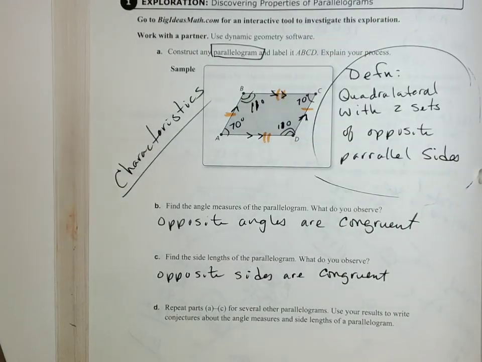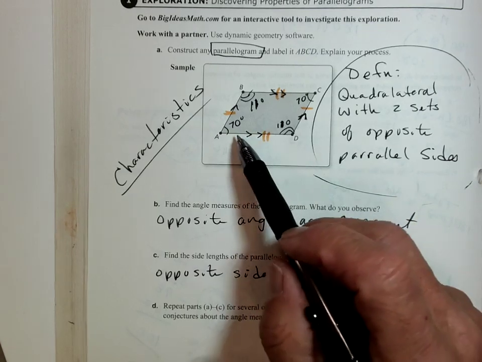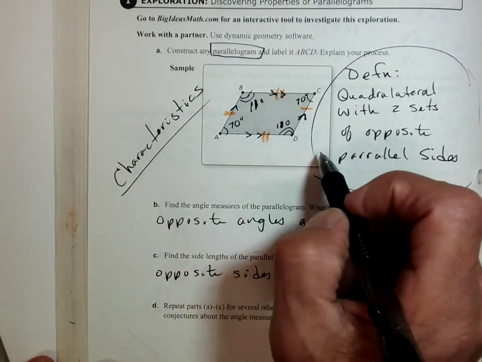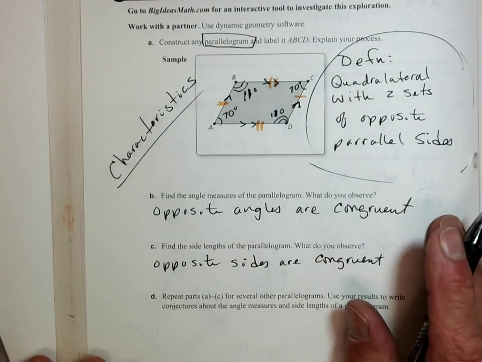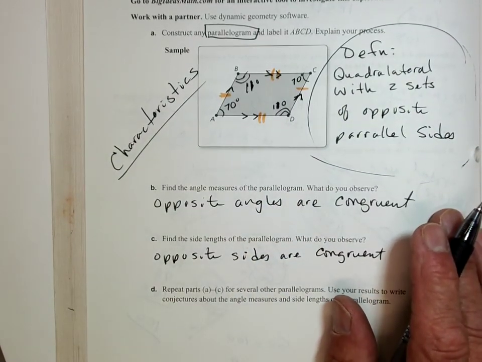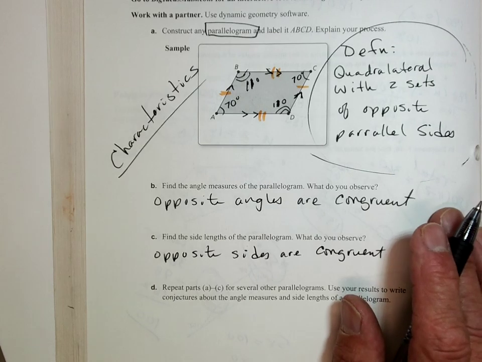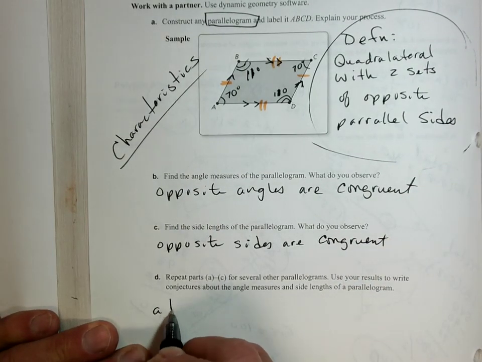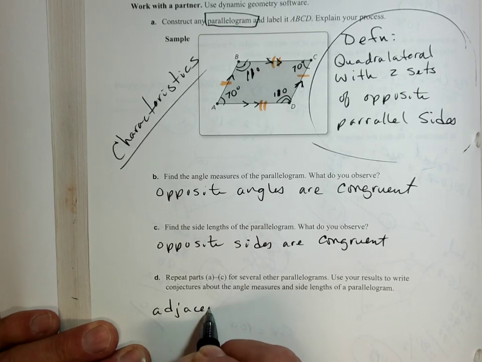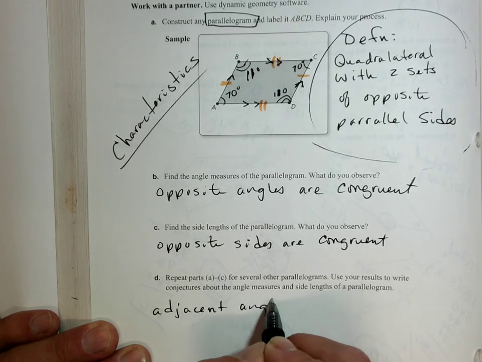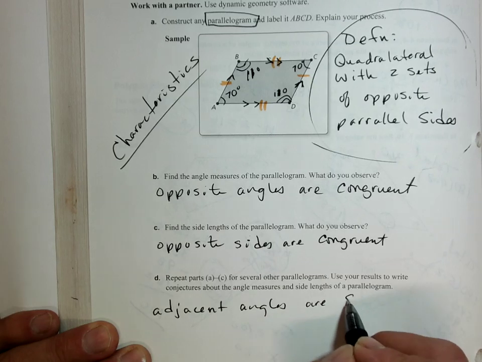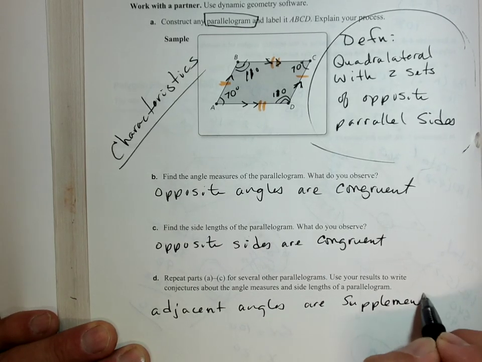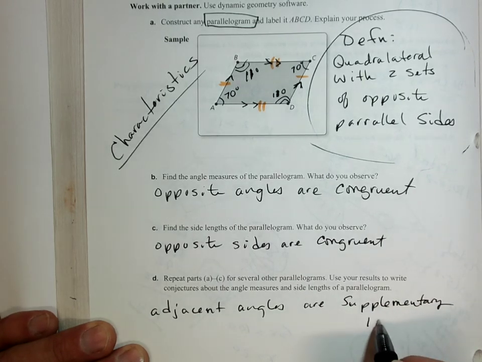Thank you. Okay? So, we are going to say, now that I got it fixed, thanks, Annie, that adjacent angles are supplementary. Now, supplementary is a word we haven't talked about, but supplementary means two angles that add up to 180 degrees. So we're going to say that adjacent angles are supplementary, meaning they add up to 180 degrees.